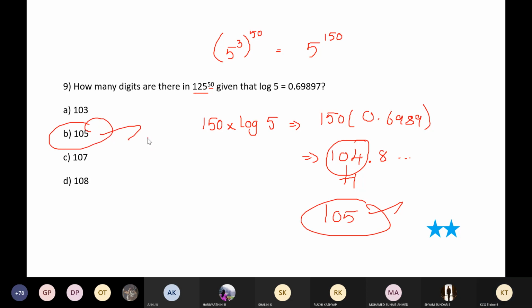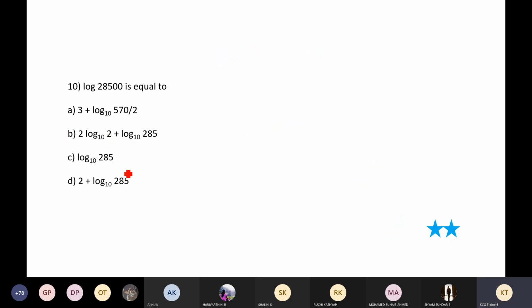Okay. Excellent, guys. Fine. Then we'll move on to the next question now. Superb. Very good. Harivardhani, Deepthi, Harita, and Nitya. Excellent. Come on, guys.